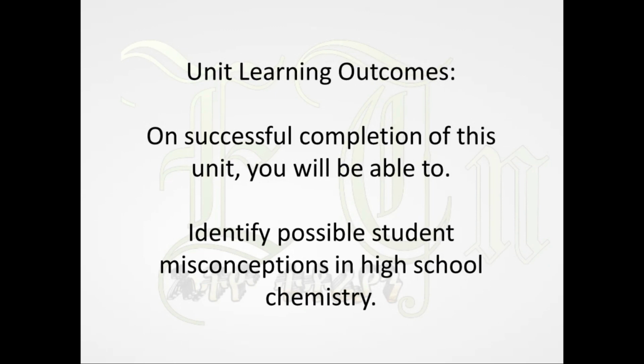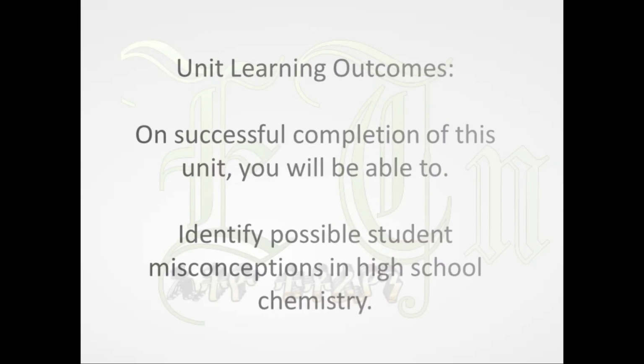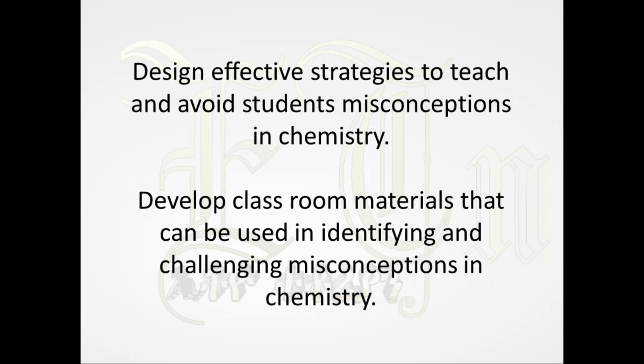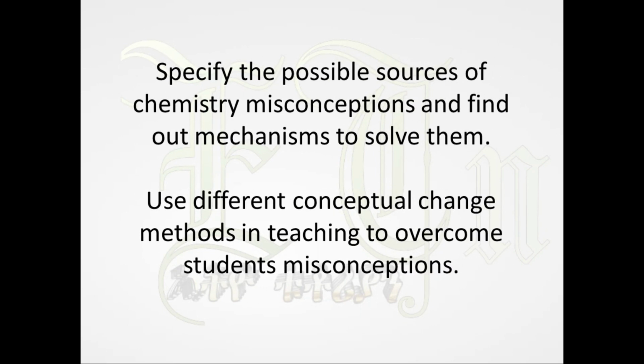Unit Learning Outcomes. On successful completion of this unit, you will be able to identify possible student misconceptions in high school chemistry, design effective strategies to teach and avoid students' misconceptions in chemistry, develop classroom materials that can be used in identifying and challenging misconceptions in chemistry, specify the possible sources of chemistry misconceptions and find out mechanisms to solve them.